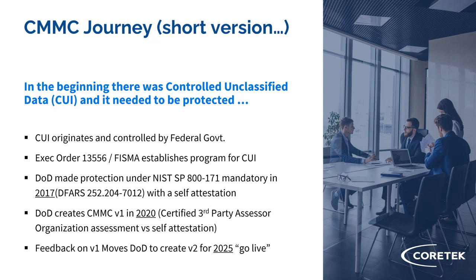And what the DoD found is when it came to looking at some of these organizations, there are certain things that just weren't adding up. In other words, with a self-attestation, you relied on the proficiency and understanding of the organization itself to do the self-assessment, and whoever they've picked to be an auditor, the scores can vary.